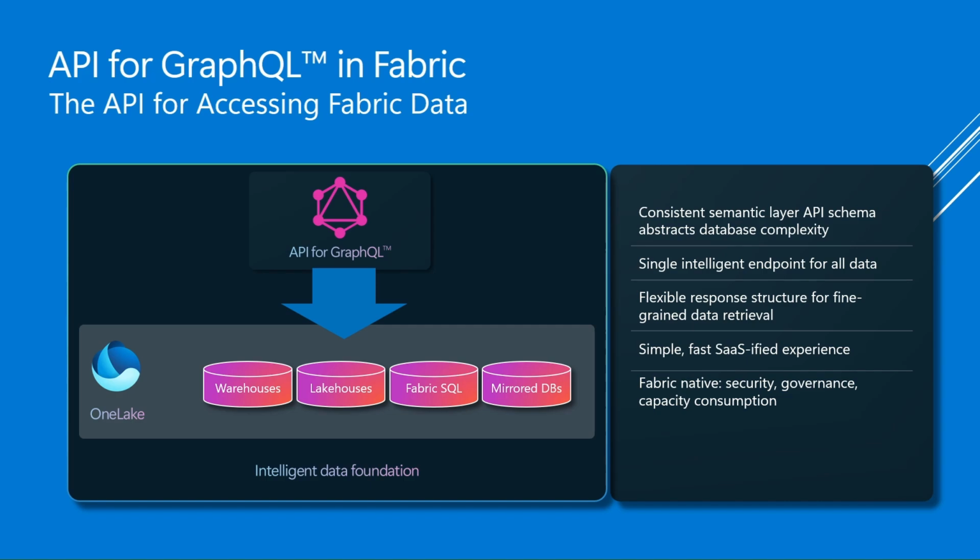So API for GraphQL is Fabric native with security, governance, capacity consumption model following all the other Fabric workloads. It provides a very simple, flexible, SaaSified experience with a single intelligent endpoint for all the data of your application. So it's basically, API for GraphQL is the data API for Fabric.